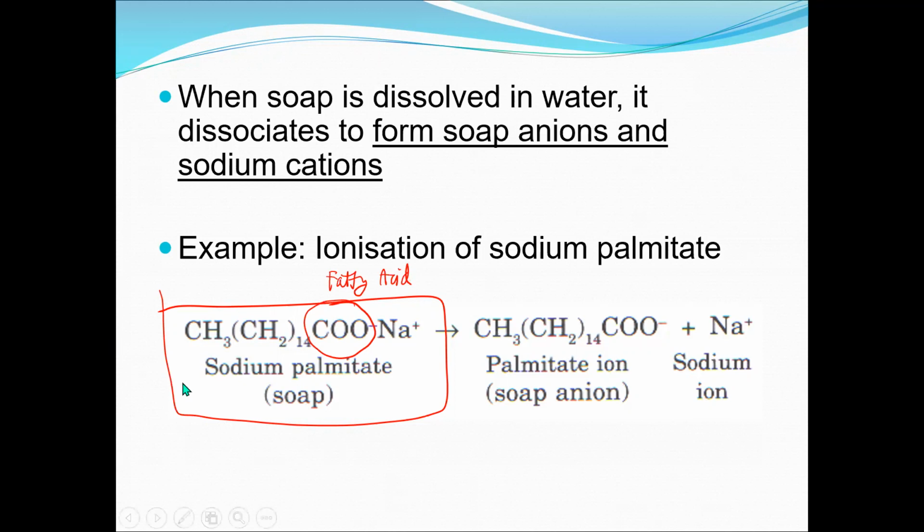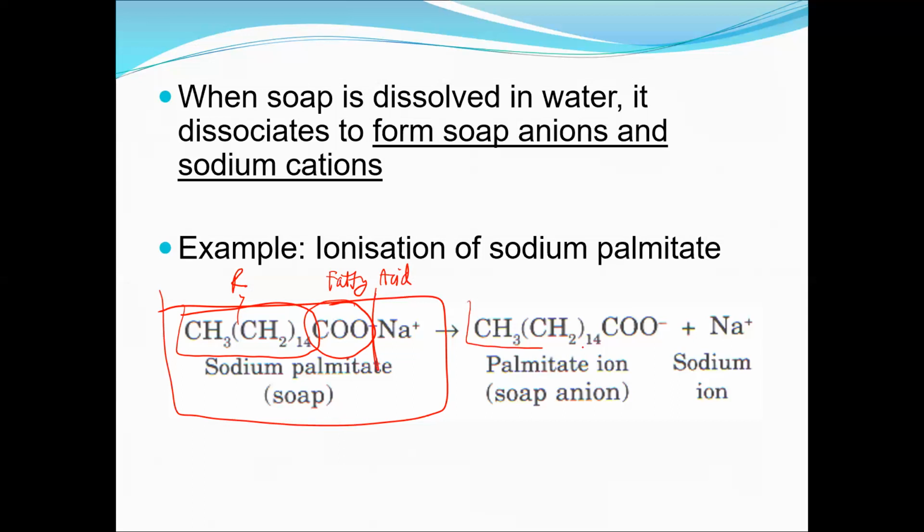Now what is my CH3, CH2, 14 here? Is it my alkyl group? Is it my R group? Yes, correct. I told you R, they will always give in the exam. Now what happens is when I ionize it in water, it will break. Teacher is breaking the O and Na here.